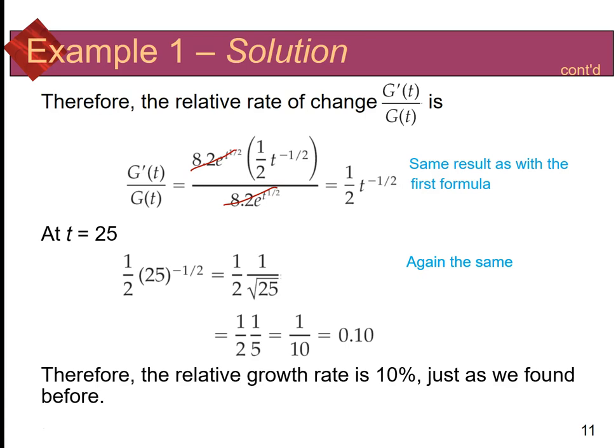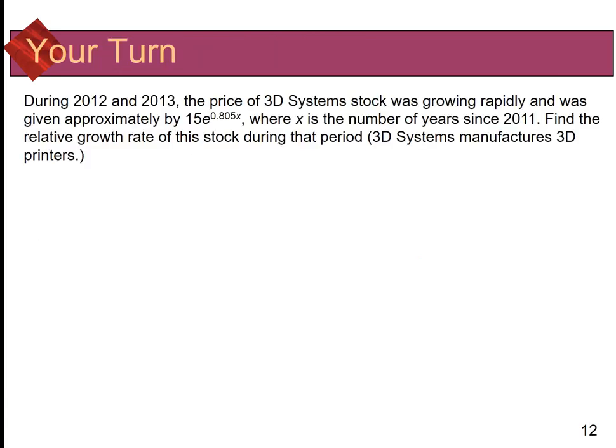Now it's your turn. Look at this question here, and I'll give you a moment to work on it. Of course, the video will pause. During 2012 and 2013, the price of 3D Systems stock was growing rapidly and was given approximately by the expression 15e to the 0.805x power, where x is the number of years since 2011.